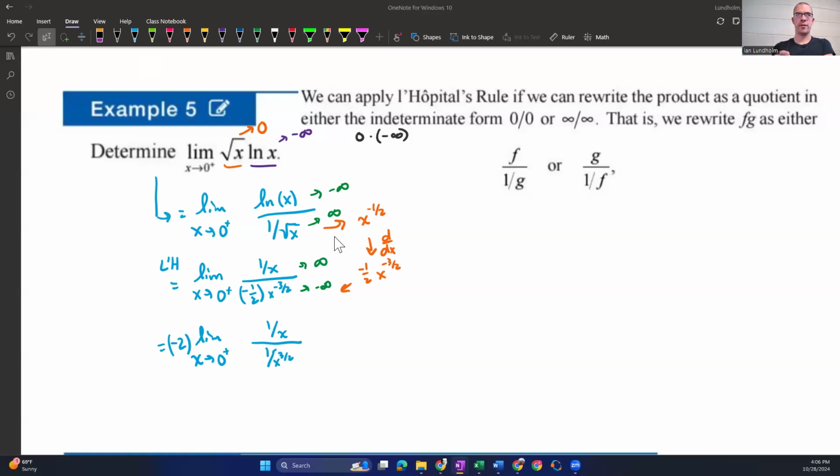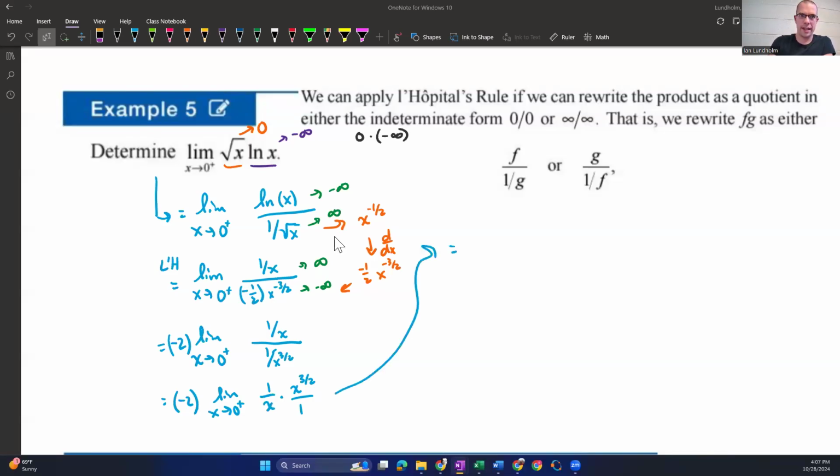That's probably a good way to write it so that in the next step, we can subtract exponents. We've got x to the negative 1 over x to the negative 3/2. What's the best way to do this? Probably numerator times reciprocal of denominator. I like that the best. We're rewriting that division as a multiplication problem.